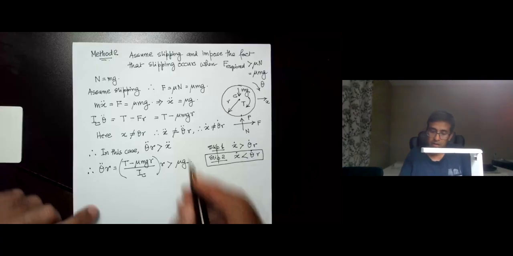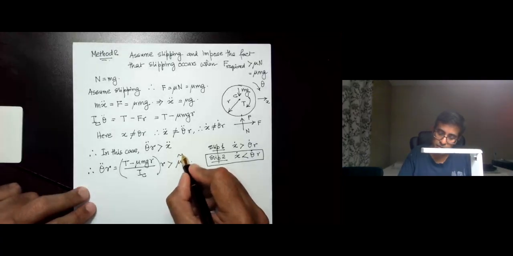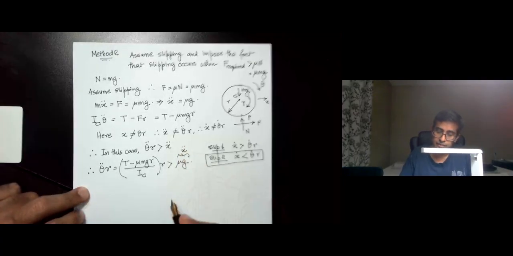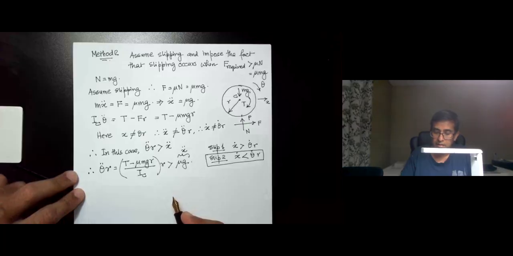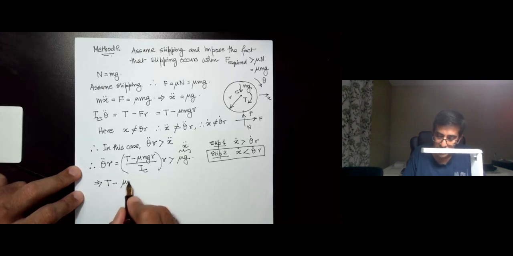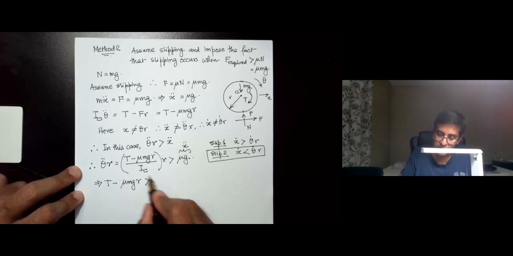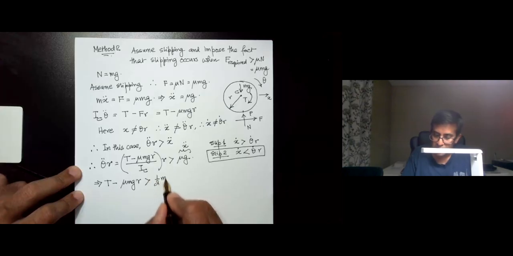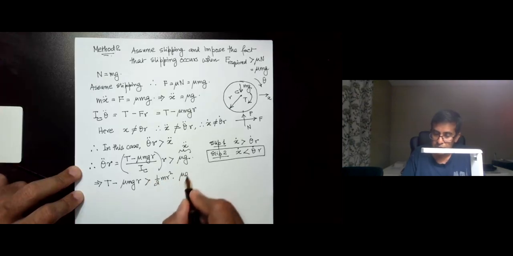So in other words, T minus mu mgr is greater than I_c, which is half m r squared, times mu g divided by r.